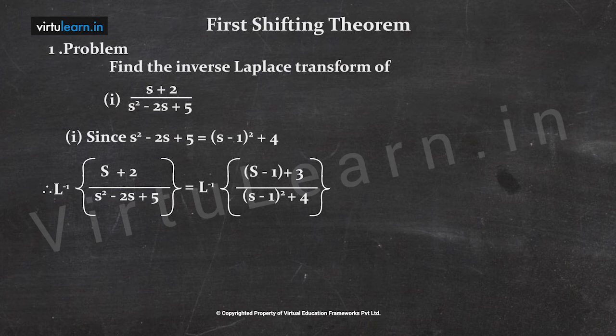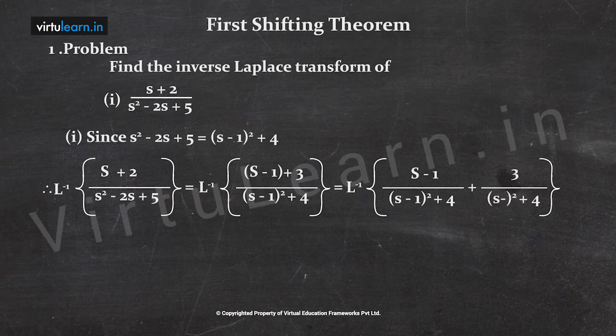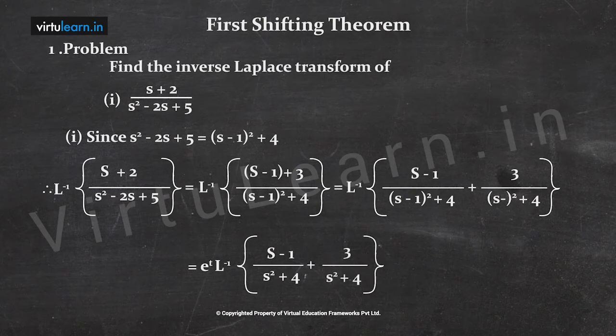Then this can be divided into small terms: (s minus 1) by (s minus 1) whole square plus 4, plus 3 by (s minus 1) whole square plus 4. By the first shifting theorem, s minus 1 is there everywhere, so we get e power t times L inverse of s by s square plus 4 plus 3 by s square plus 4.